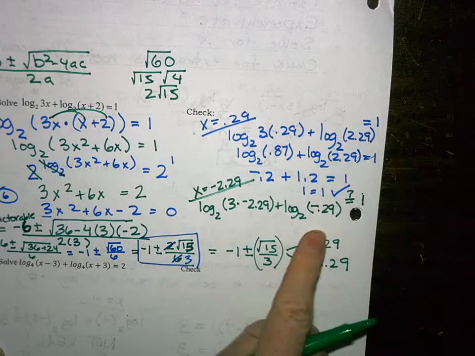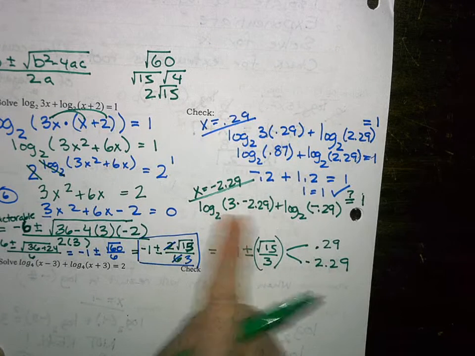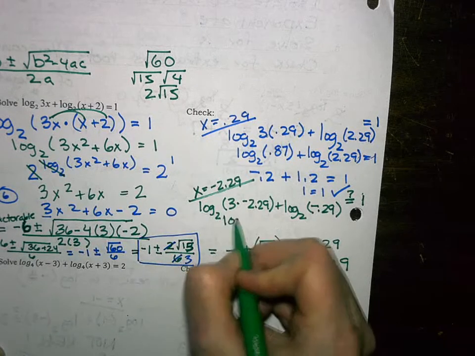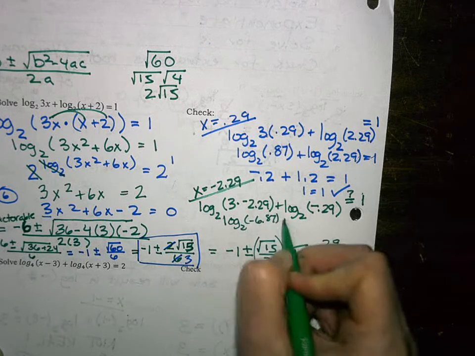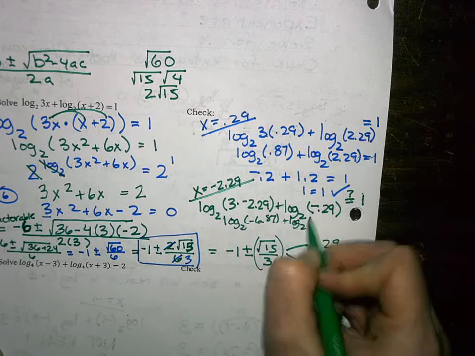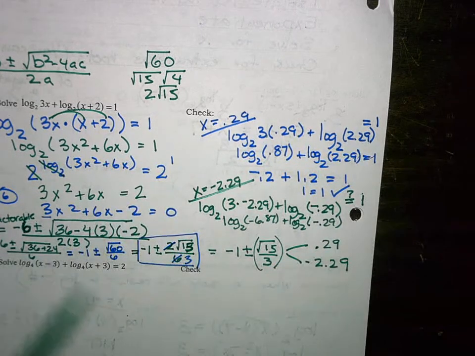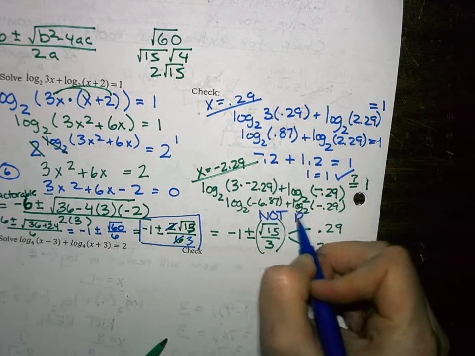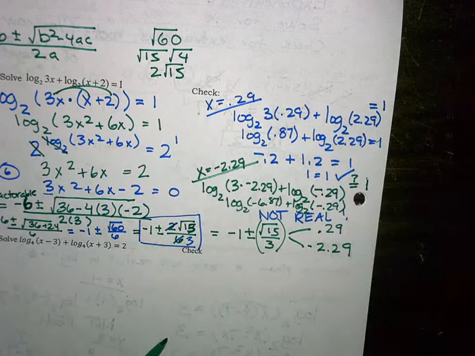Does it equal 1? Well, here we see the problem. This is going to give us a negative. This turns out to be the log base 2 of negative 6.87 plus the log base 2 of negative 0.29. This is a non-real answer because I cannot take the log of a negative number.